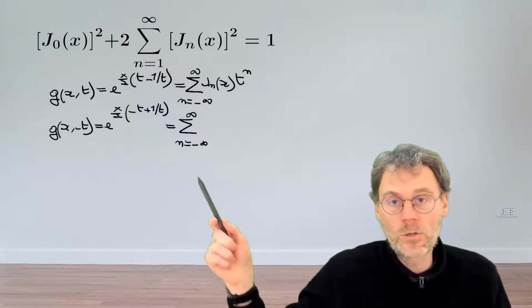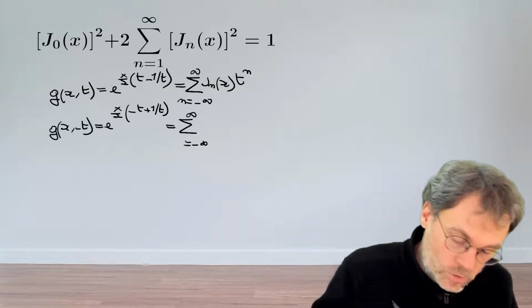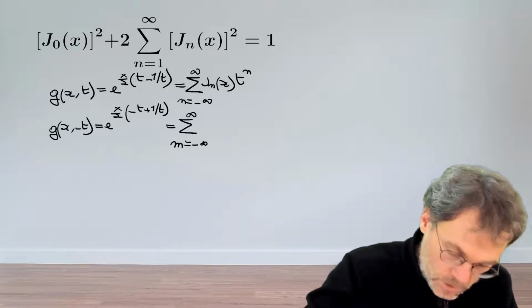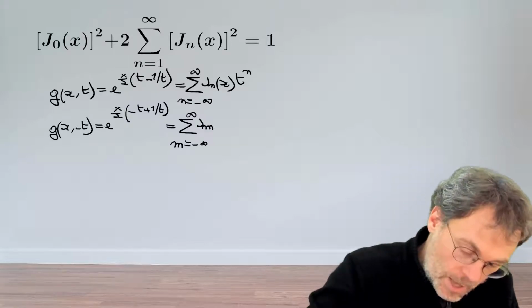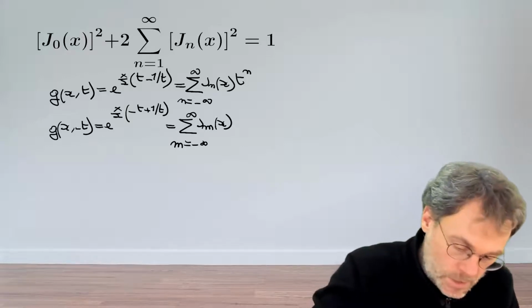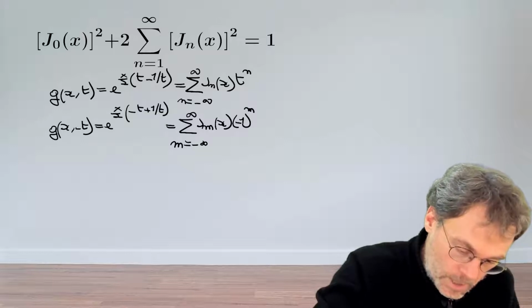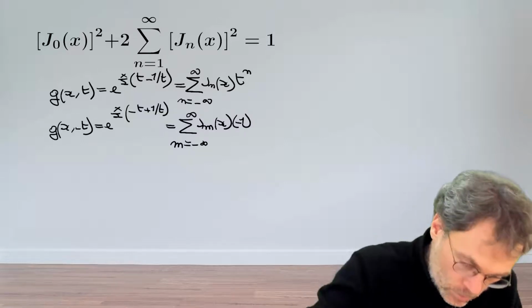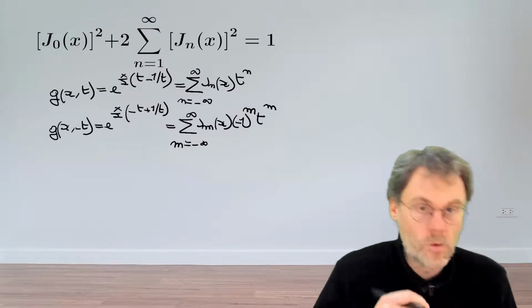Since we're going to take the product of these two later on, we can already make sure that they have different indices. Otherwise, we run into problems. So we have J_m of x, and then replacing t by minus t, we have minus 1 to the power of m, and then t to the power of m.